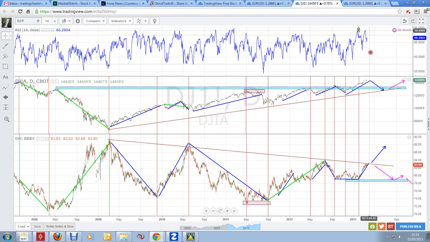However, if you look at this daily chart with an RSI, then you can see on an RSI we have higher high and higher low, and even this high is higher than the previous one.